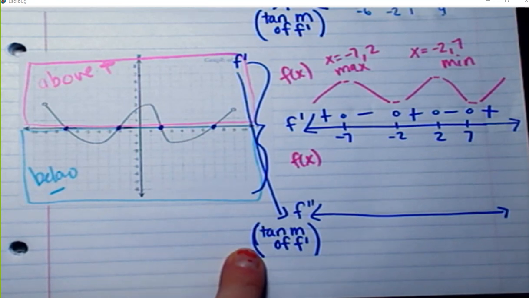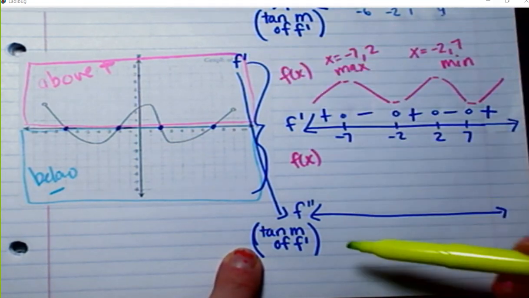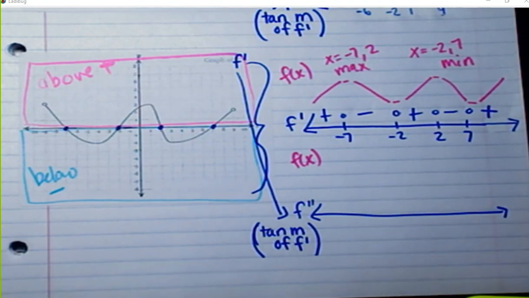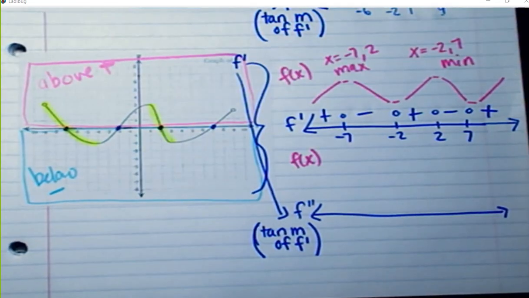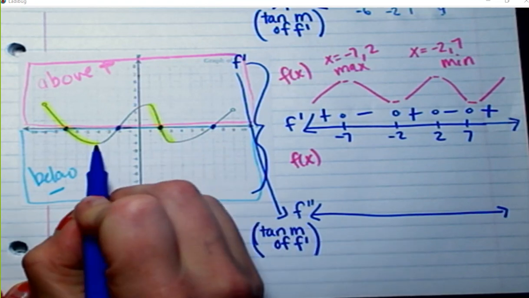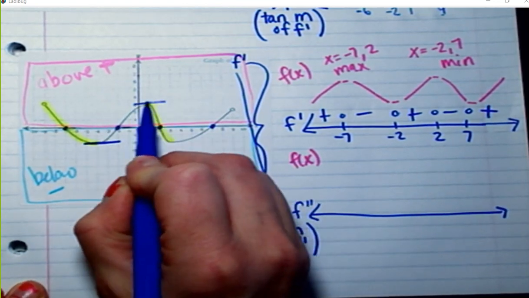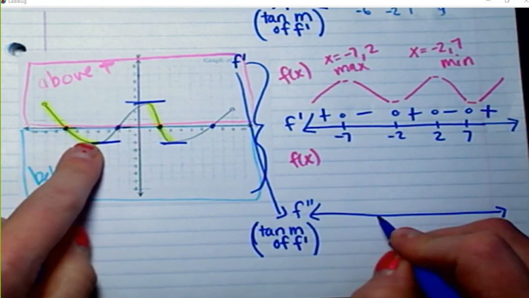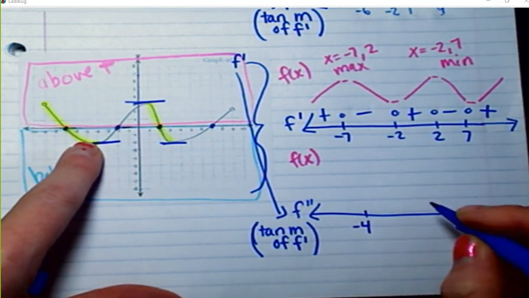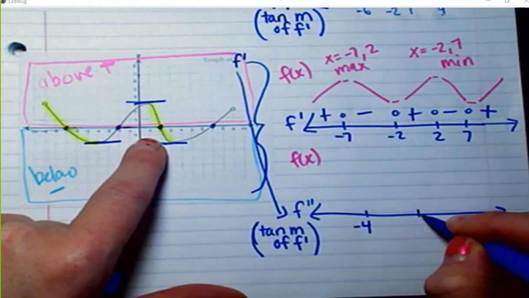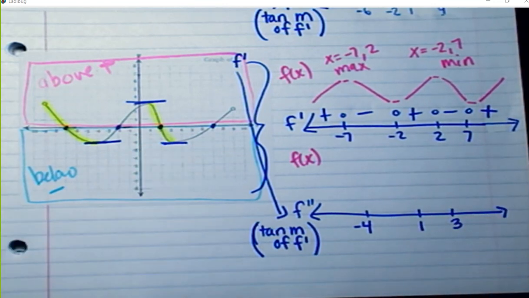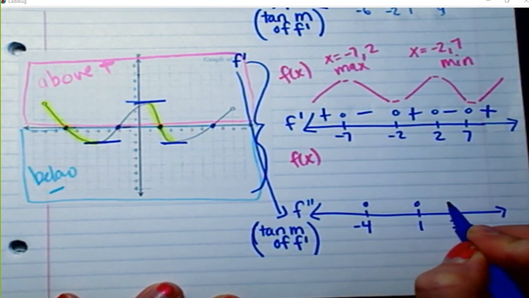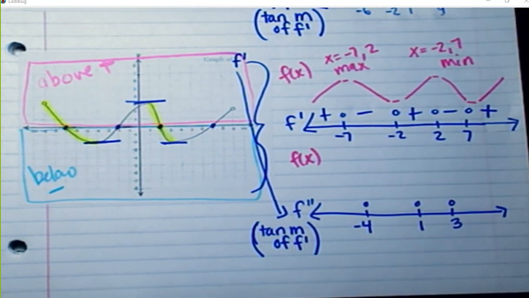Tangent slopes, right? To go down a derivative level, you look at the tangent slopes. I'm only highlighting half of them because it'll get too colorful if I highlight everything. So negative 4, 1, and 3. That's where the tangent slopes are 0.